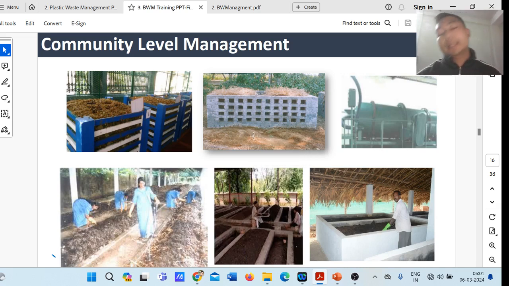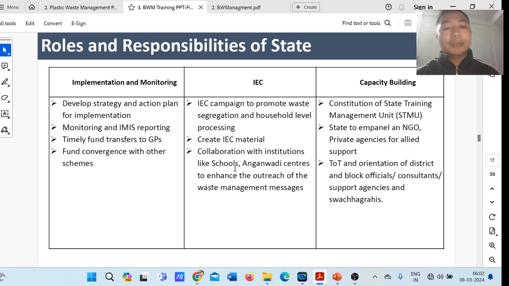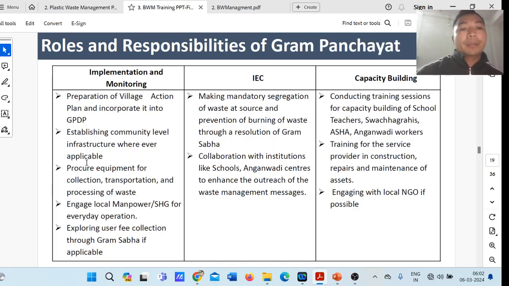So it is encouraged that some educated employees, a self-help group, a village panchayat, or some community ward can look after community level biodegradable waste management. These are some of the possibilities.